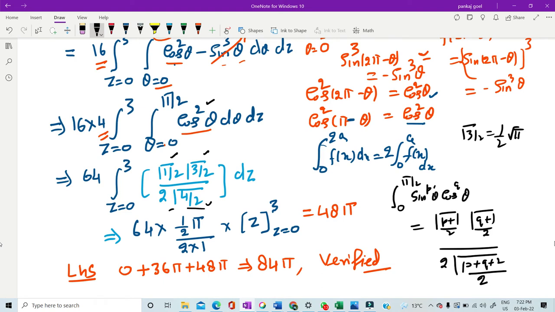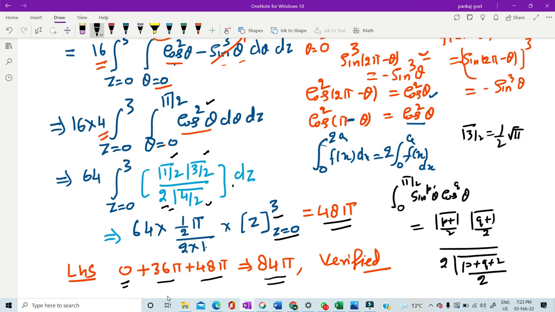We will get 1 by 2 pi, and here 2 times gamma 2, which is 1, so 1 by 2 pi upon 2. The function is now 1, the integration is z, and z goes from 0 to 3. Put here the value 48 pi, and the total integration value is the first integration 0, the second 36 pi, the third 48 pi, which is equal to 84 pi.